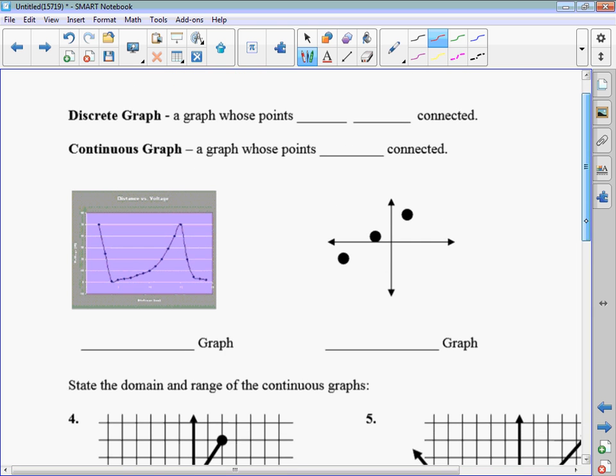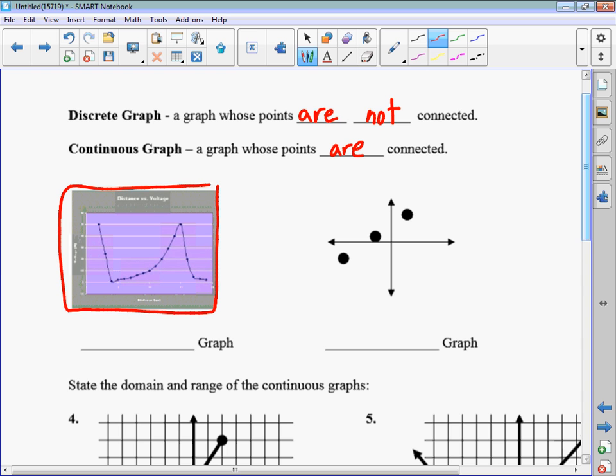So looking here, we have a discrete graph, and that is a graph whose points are not connected. And a continuous graph is a graph whose points are connected. And so when we look at this first example right here, we notice that there is a line connecting this dot.